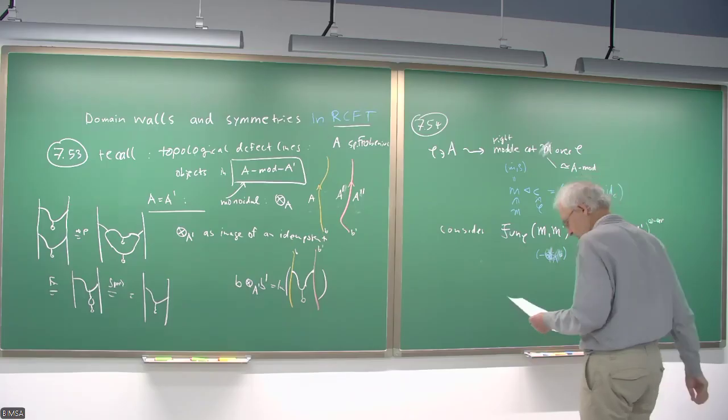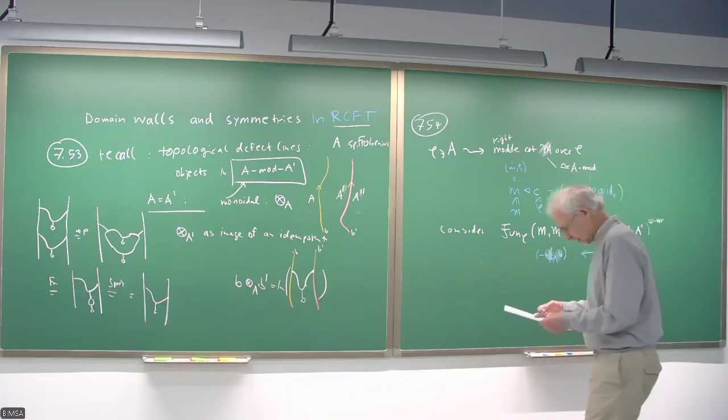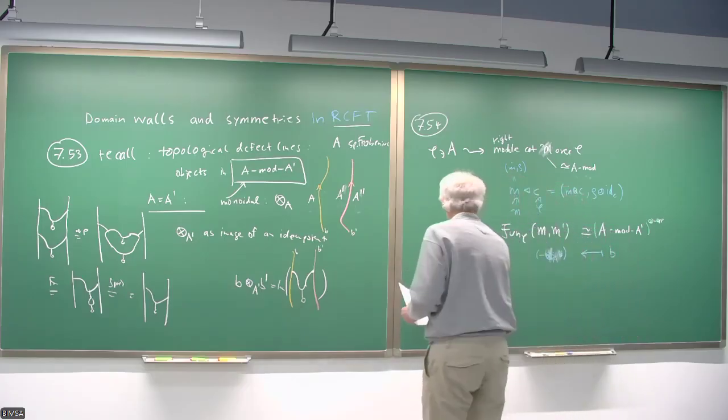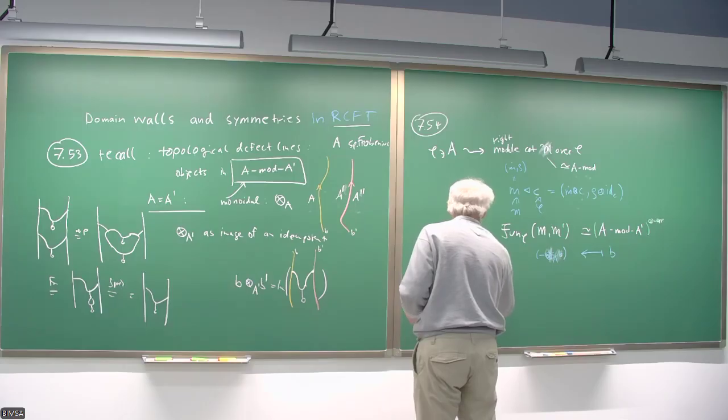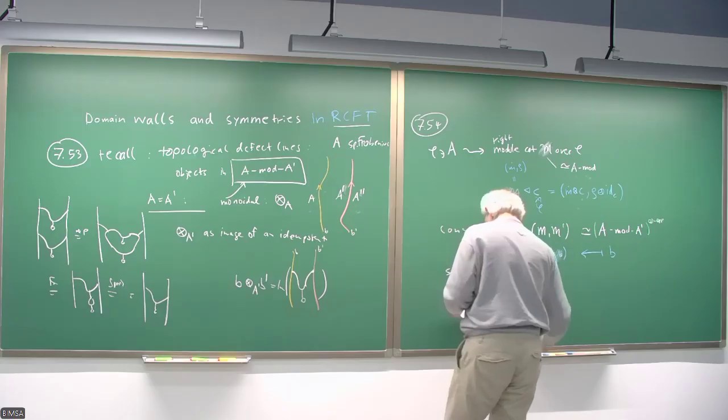So you can check this gives you a functor and actually an equivalence, and in particular, you can look at a special case that M is equal to M prime.